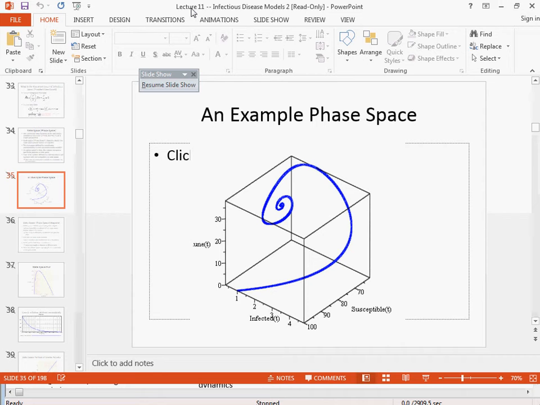Time here is kind of implicit, or it's parameterized. In other words, it might spend a long time here, and you can't really tell from this graph that it does, and then go really quickly here. There's no time axis.